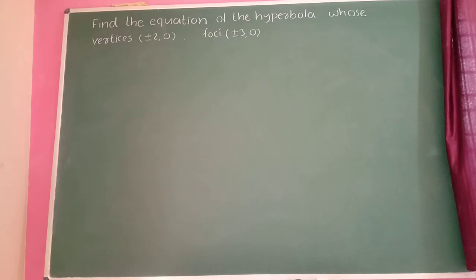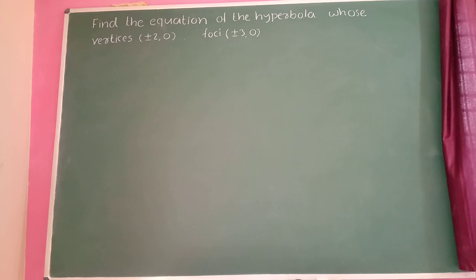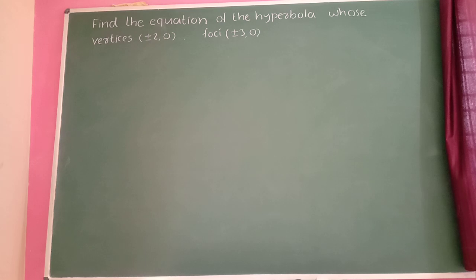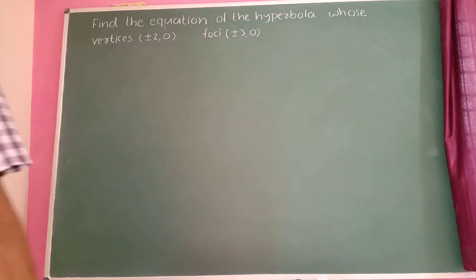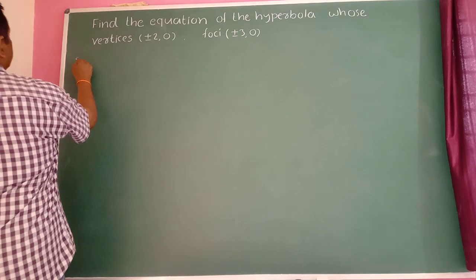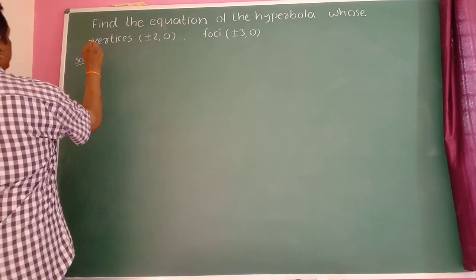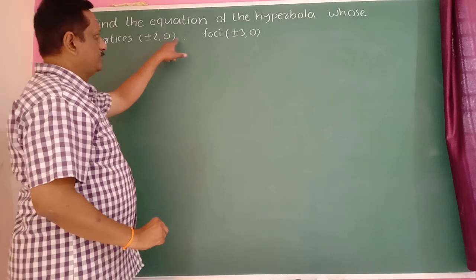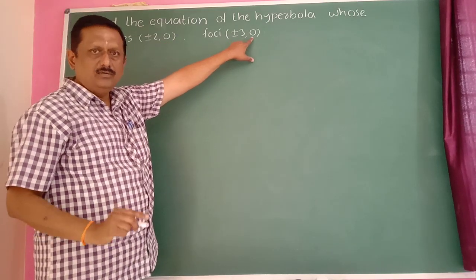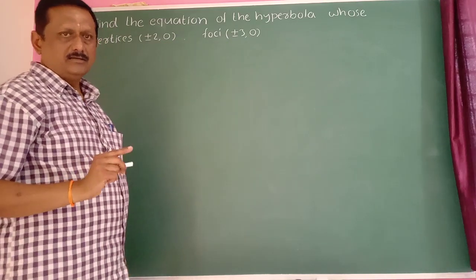Find the equation of the hyperbola whose vertices are (±2, 0) and foci are (±3, 0). In this case, both the vertices and foci lie on the x-axis because the y-coordinates are 0. If the y-coordinate is 0, the points lie on the x-axis.